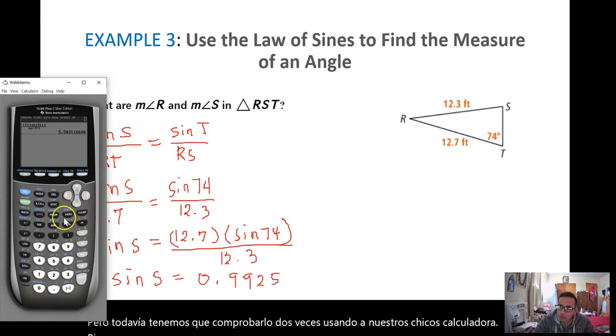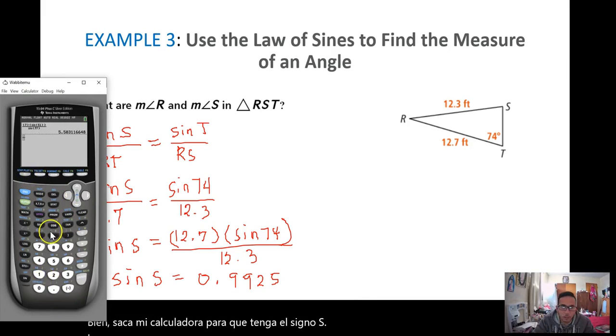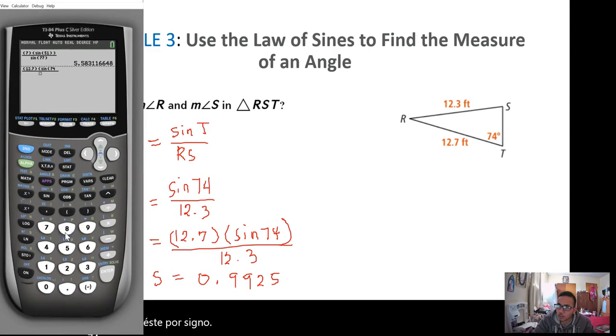I have sine S, and then 12.7 multiplied by sine 74. I'll double close that. There you go. And then divided by 12.3. So that is 0.9925.